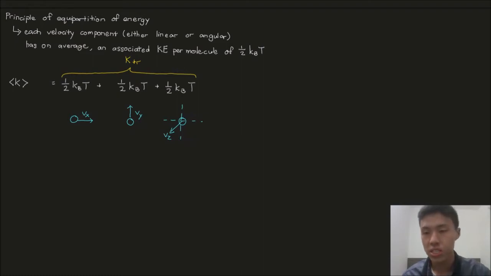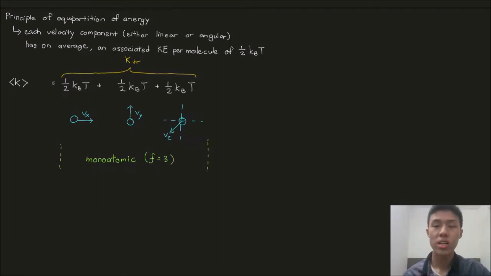These three are available for every kind of particle, but we'll start by writing it for monoatomic particles. For monoatomic particles, you have a degree of freedom, which I call f, equal to 3.